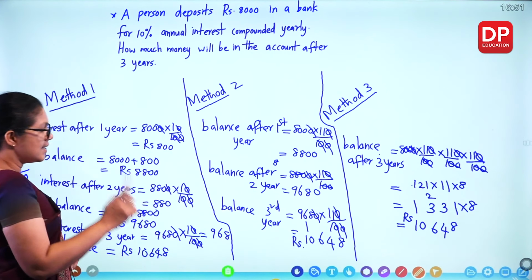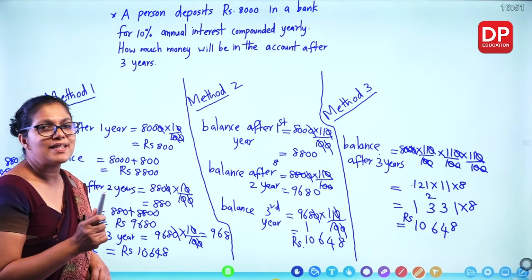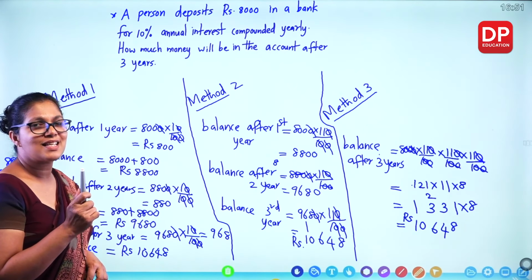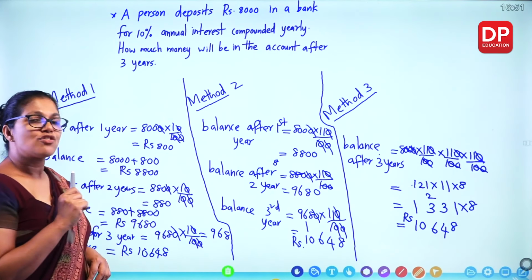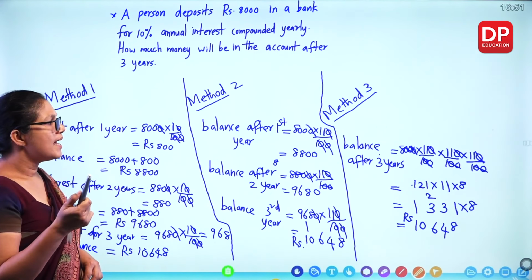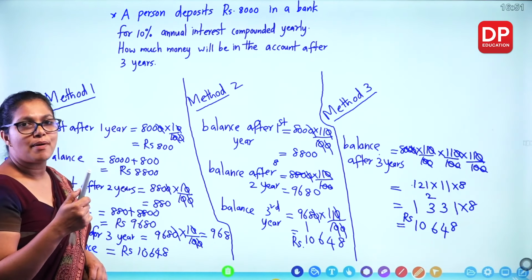So we got the same answer using 3 methods. Which one is the easiest? The third method is the easiest. You can straight away find out the balance using the compound interest.